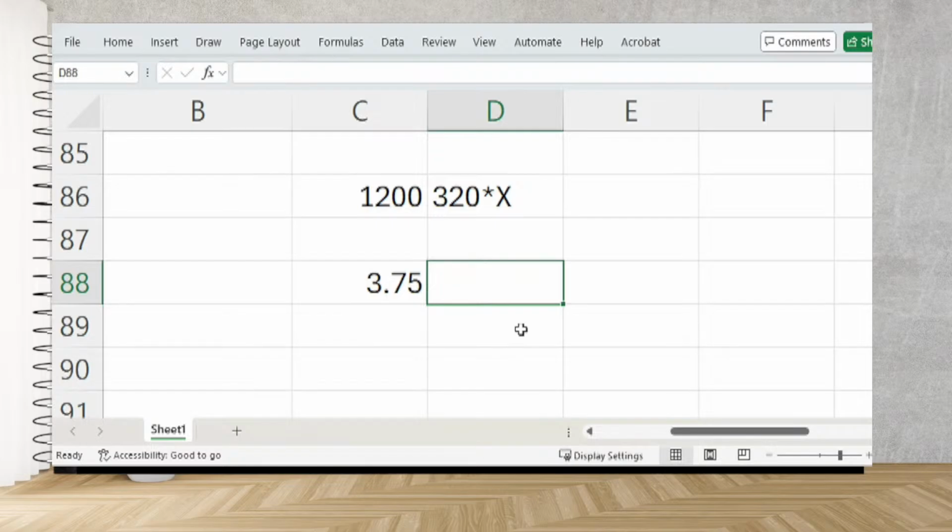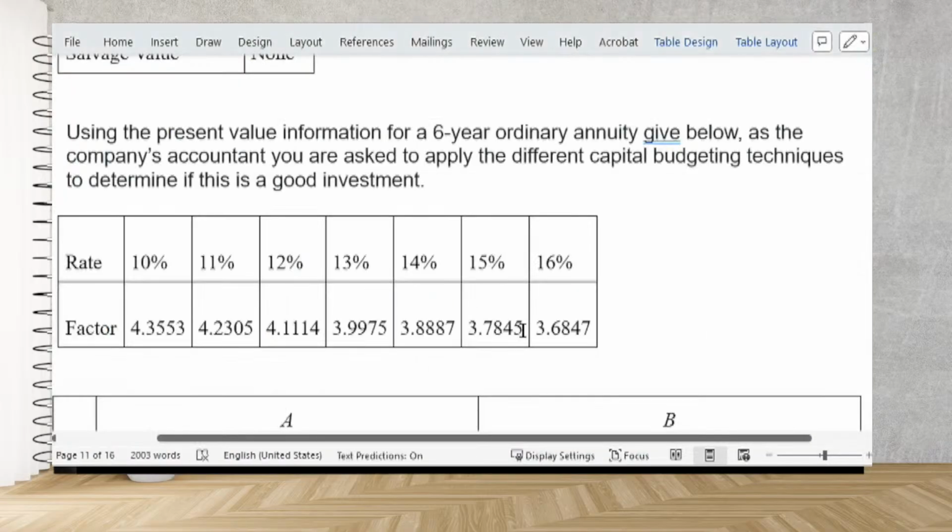So the rate of return is where the summation of the 6 year discounting factors is 3.75. This is the summation of all 6 year discounting factors at various discounting rates. 3.75 is more close to 3.78, so I need to consider the 15%.